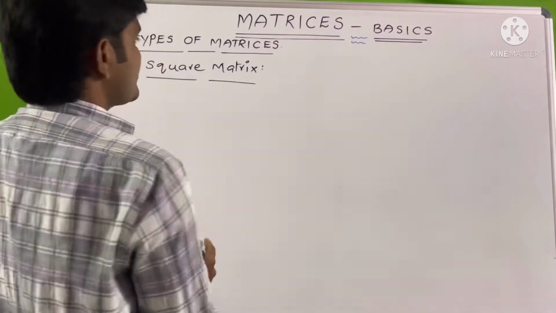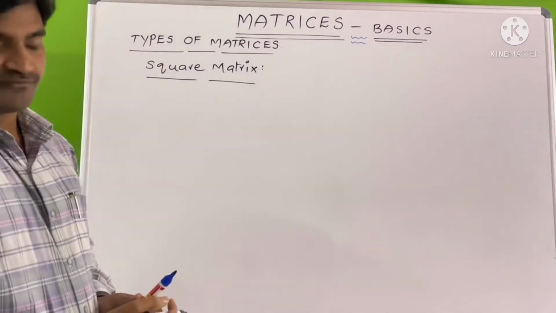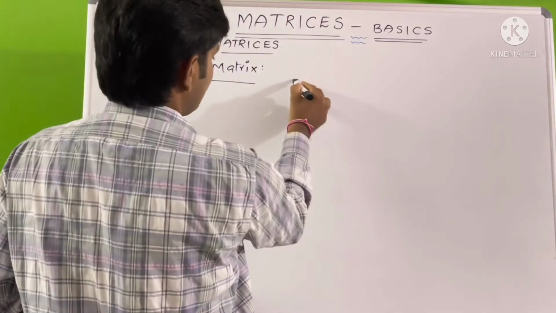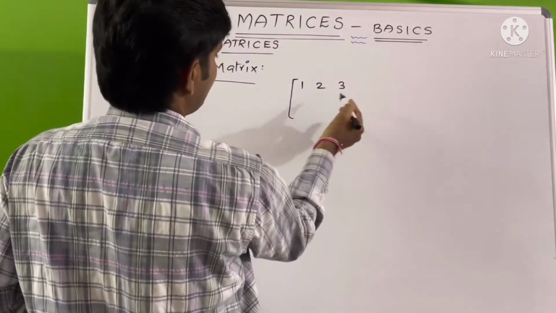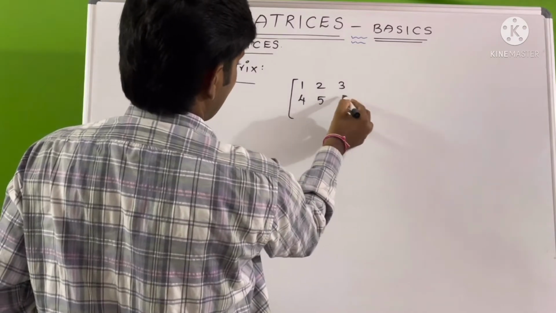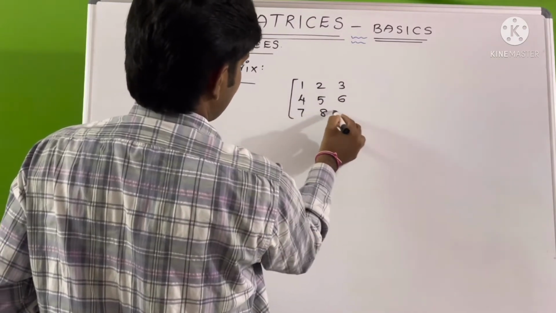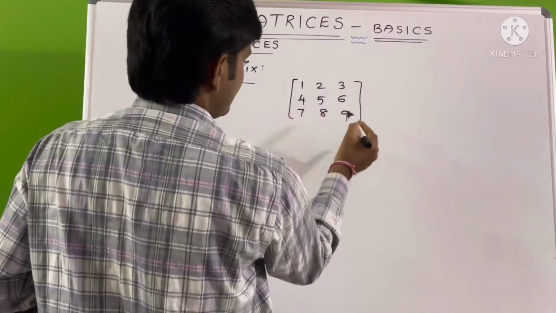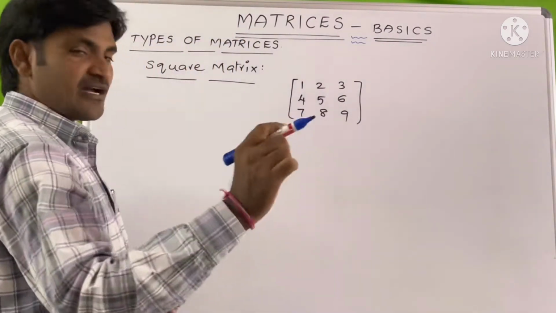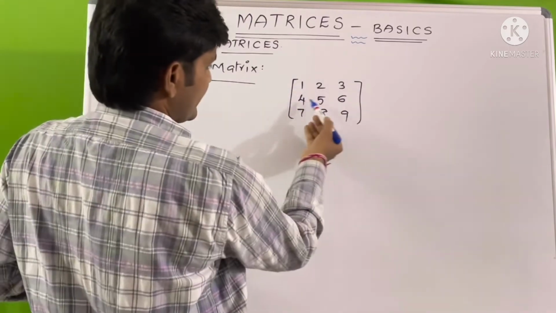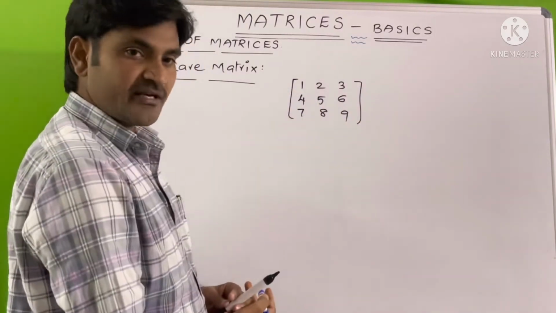Right. Square matrix definition. Some example, this is a matrix. I am writing 1, 2, 3, 4, 5, 6, 7, 8, 9. In this matrix, now we count how many rows are there? 3 rows.